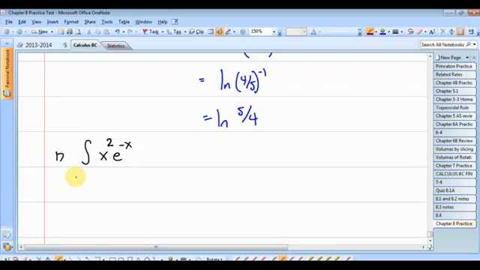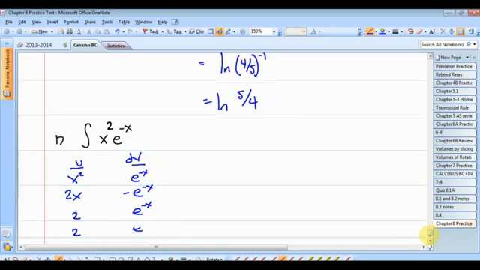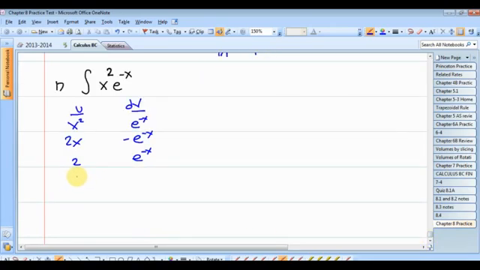Okay, so we have u and dv: x squared and e to the negative x, 2x and negative e to the negative x, 2 and e to the negative x, and 0, negative e to the negative x.